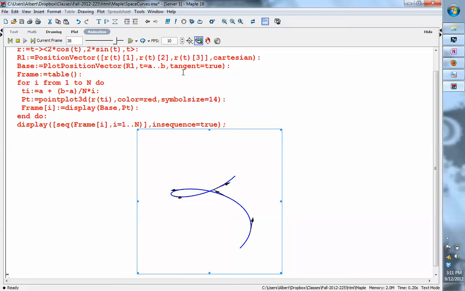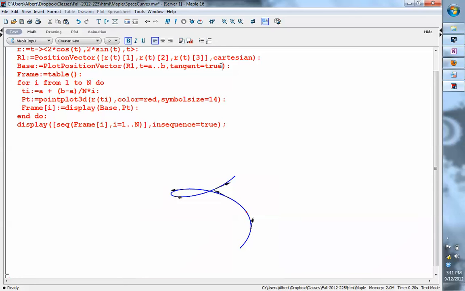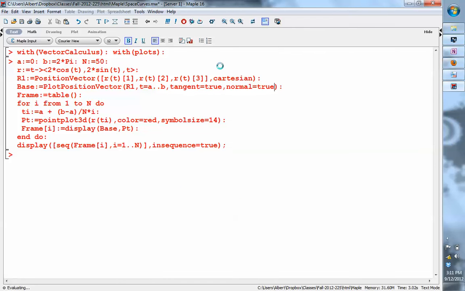Just a bit of a look ahead while I have this here. Something else that we'll look at is the so-called principal normal vector.